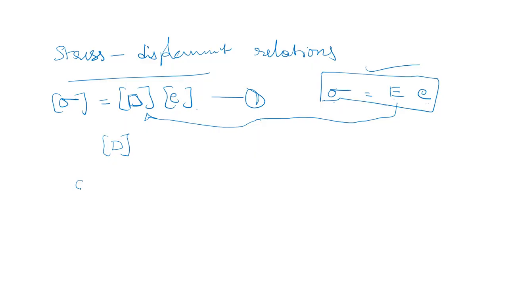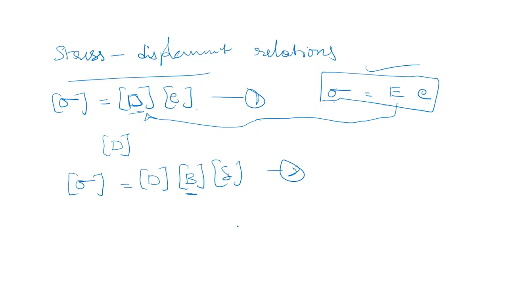Now we know that stress is equal to D, the material property matrix or material constitutive matrix, multiplied with B multiplied with delta. B we know already; we just derived the B matrix, the strain displacement relationship matrix.